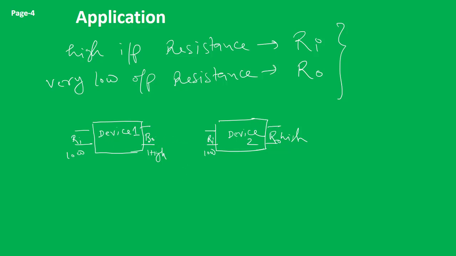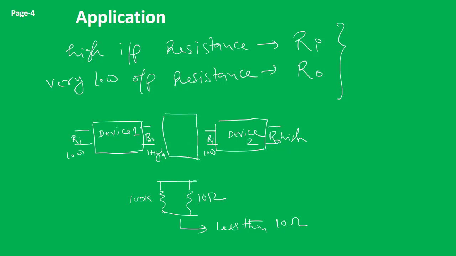Loading means two resistors: suppose here we have a 100 kilo ohm resistor and here a 10 ohm resistor. If we connect them in parallel, the equivalent resistance will be less than or equal to 10 ohms. So this high resistance will be loaded by this low resistance, and as a result there will be impedance mismatch. So here we use something called a unity gain amplifier.